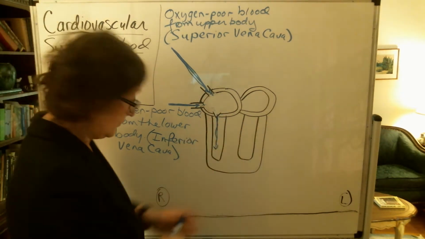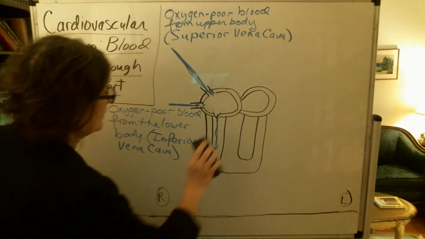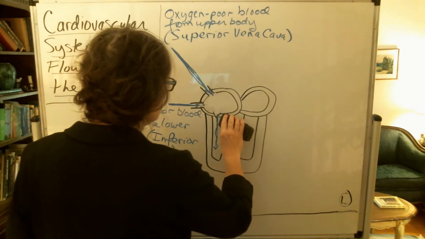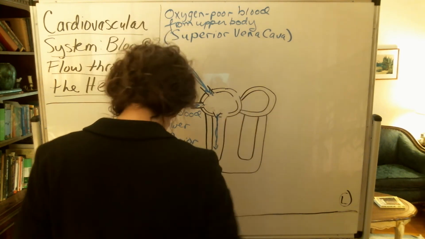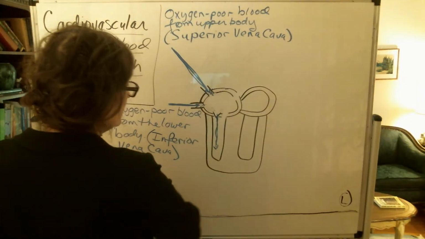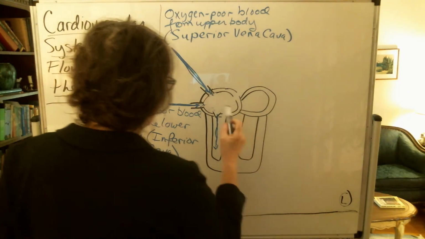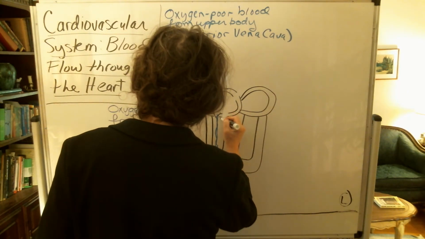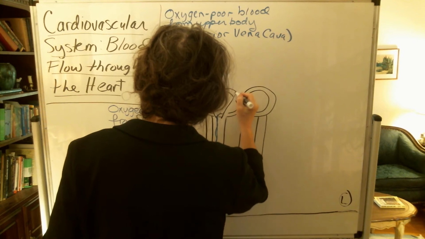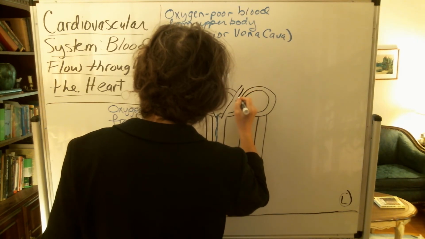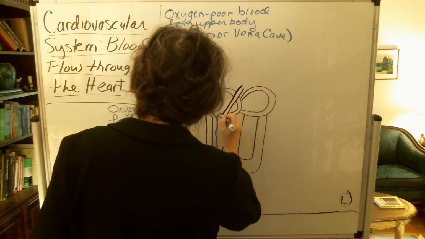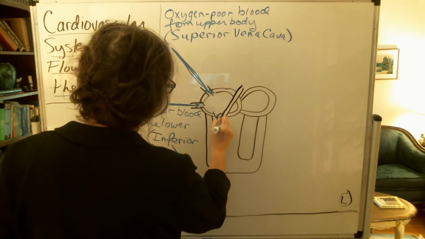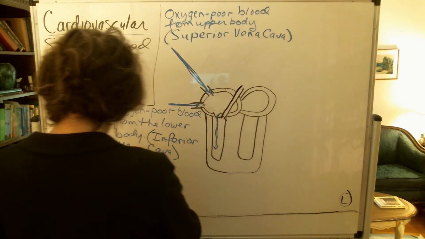Then, remember, the ventricles contract. So at this point, what happens is that at the top of this ventricle, we have an artery. A big, important artery, and it goes off at kind of an angle, like this. And again, there is a one-way valve there.